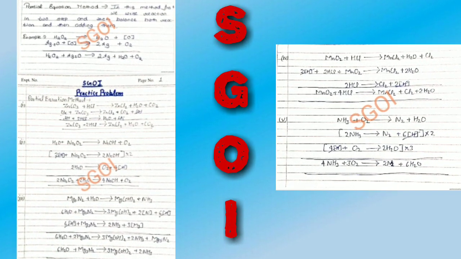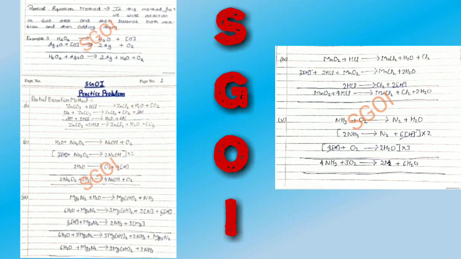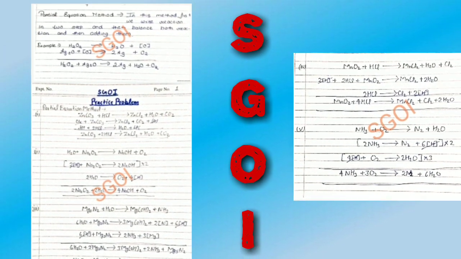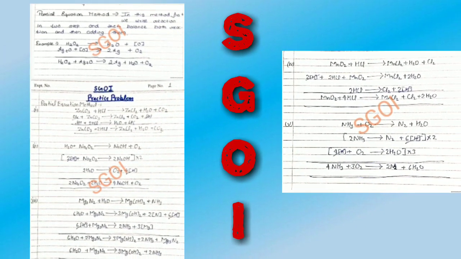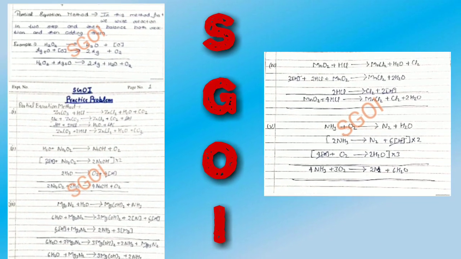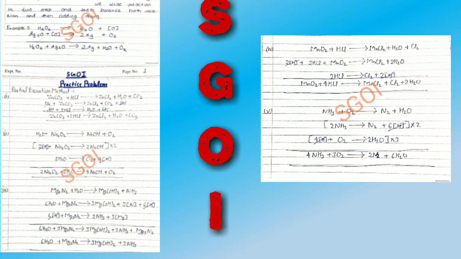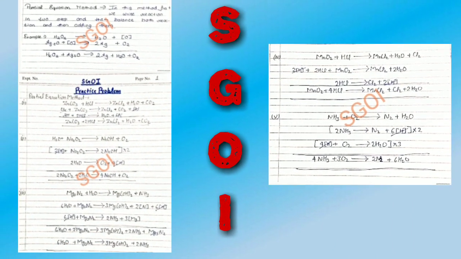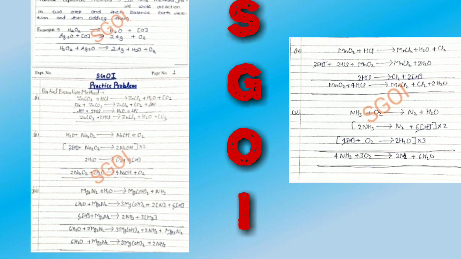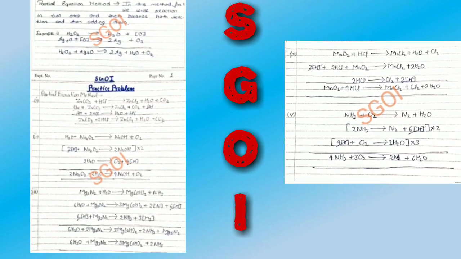Now in the second half reaction, HCl gives H2O. First we balance hydrogen by multiplying by 2 in HCl, then chlorine by Cl2 and oxygen by nascent oxygen. Add both half reactions, so the reaction comes out to be ZnCO3 plus 2HCl gives ZnCl2 plus H2O plus CO2.